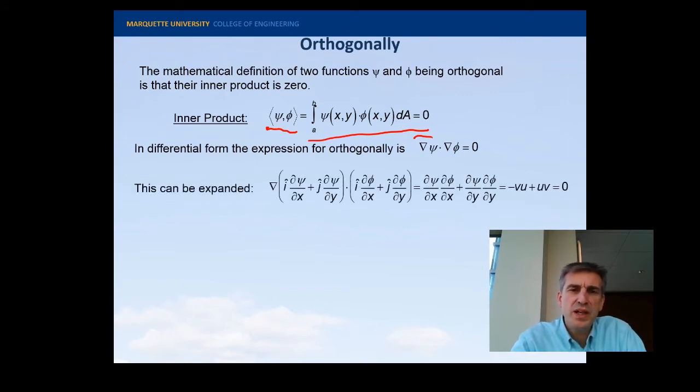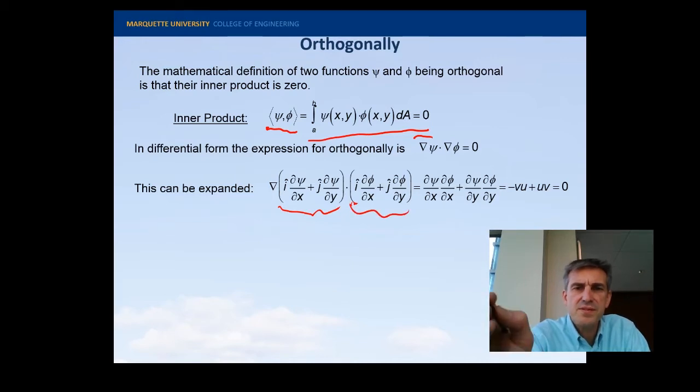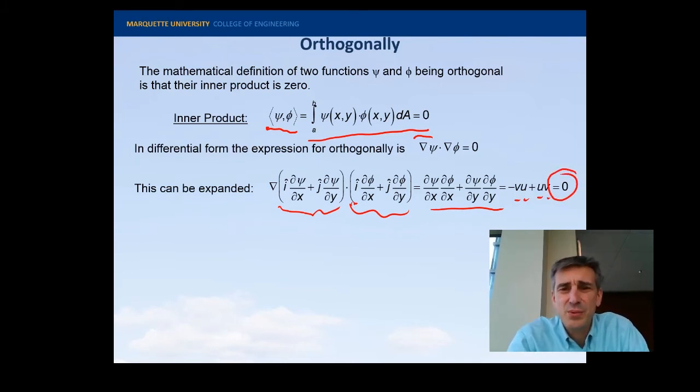Since we know what the first derivatives of these are, we can perform this operation, and you can see that we would have these gradients. This is our definition of the gradient of psi and the gradient of phi, and we can operate them and then insert the scalar velocities, and we see that in fact they are exactly equal to 0.